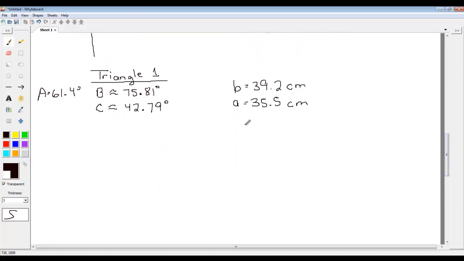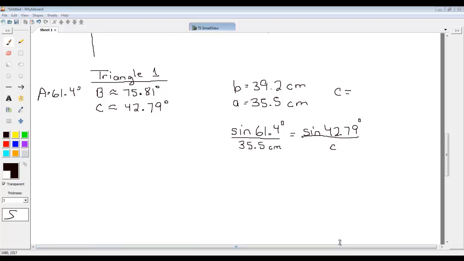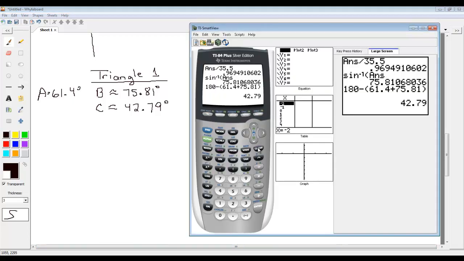So then you could set this up and say sine of 61.4 degrees over 35.5 centimeters equals, and then you're trying to find side C, which you don't know yet. So that equals the sine of 42.79 degrees over whatever side C is. Then use your calculators to solve that.